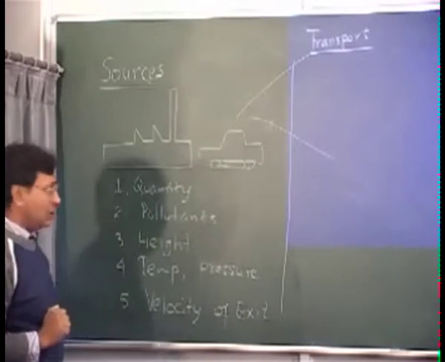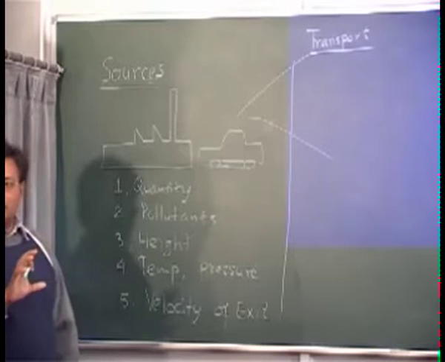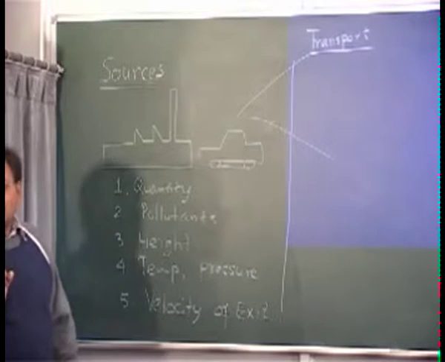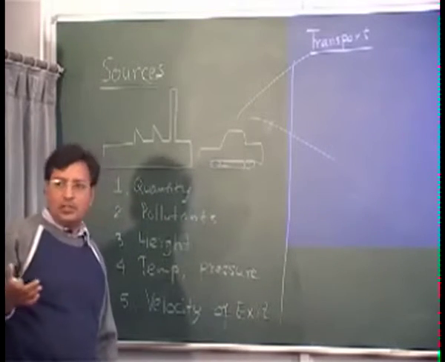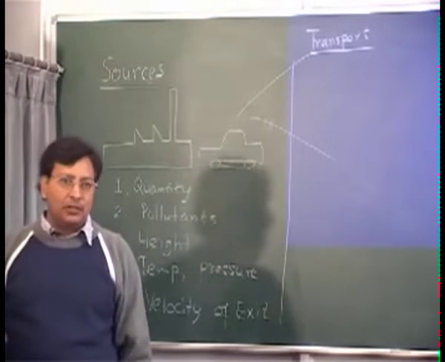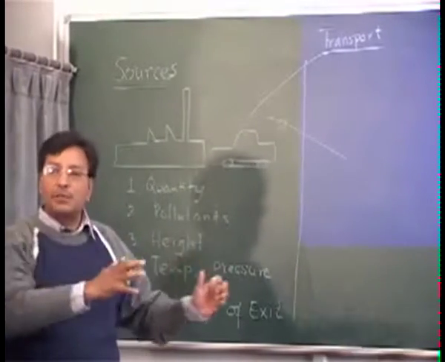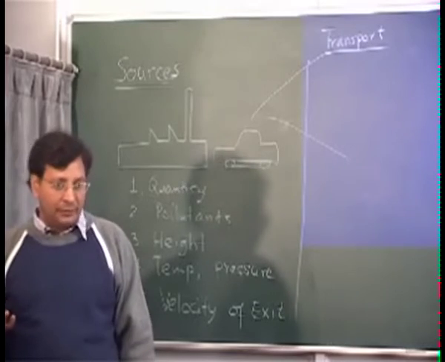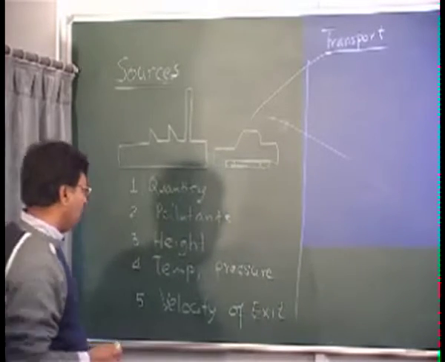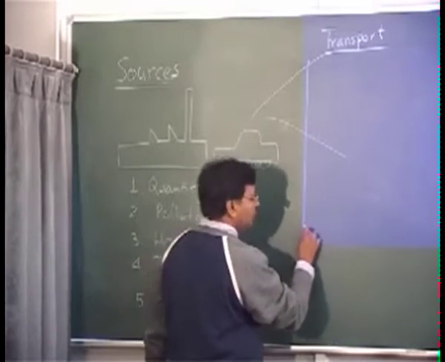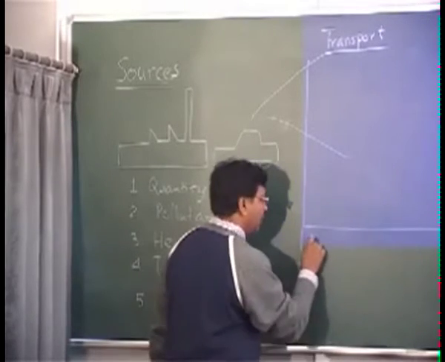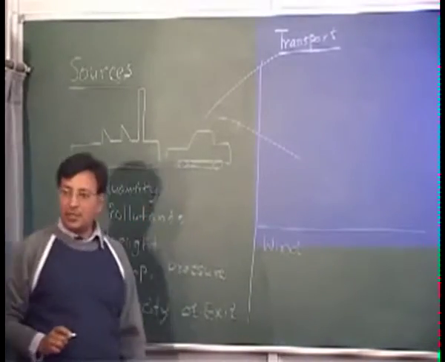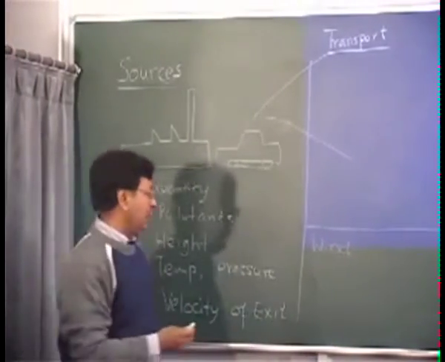For the transport, what are the important parameters we need to understand the transport of the pollutants? The wind, right? The wind speed. So what we need to study and understand here is the wind in all aspects, wind speed and direction.